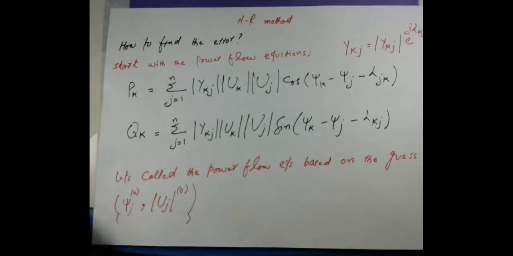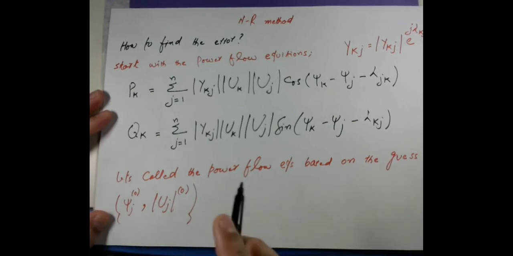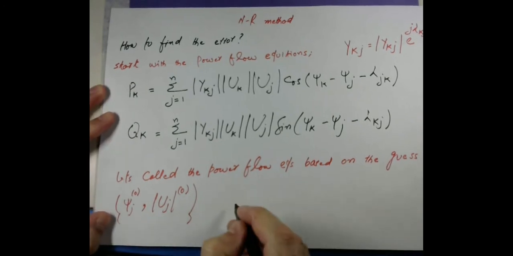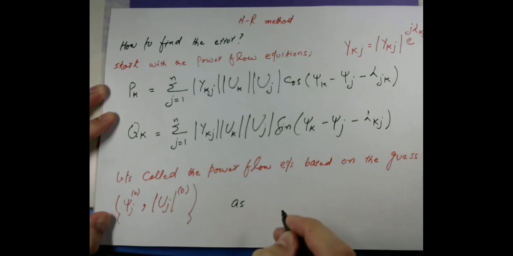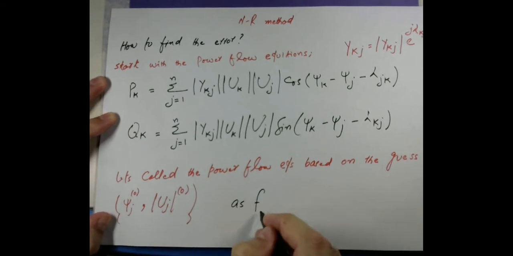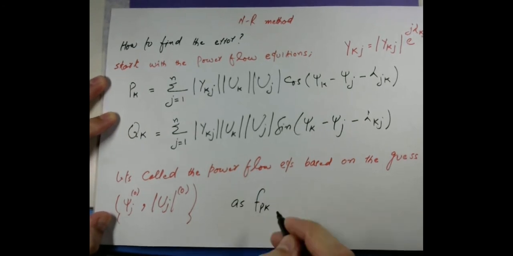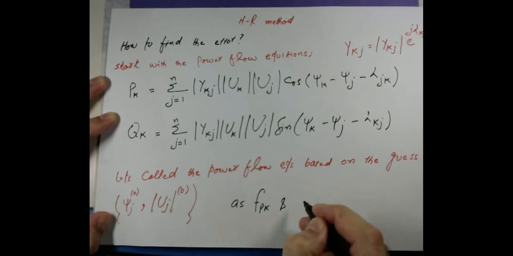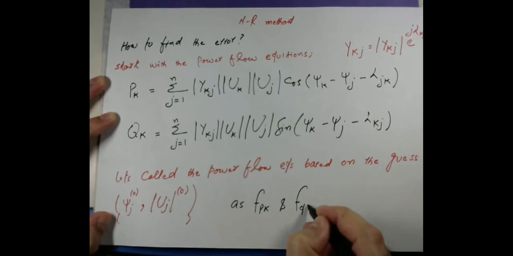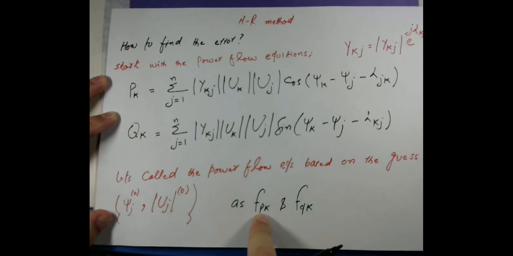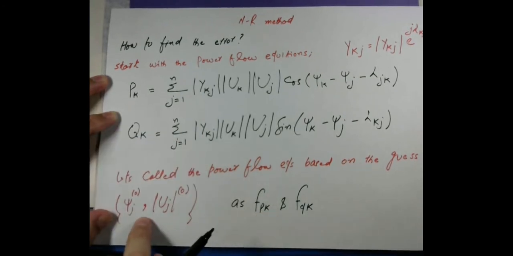So let's represent them as FPK and FQK. This is basically the power flow equation based on the guess of the voltage and the angle.